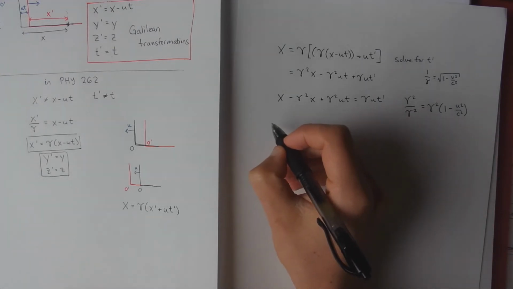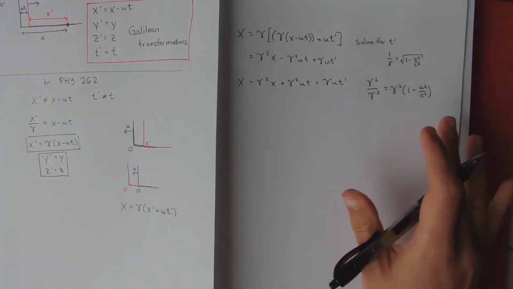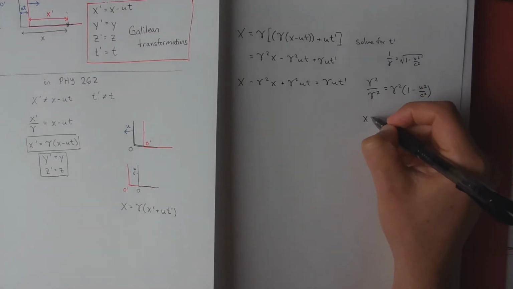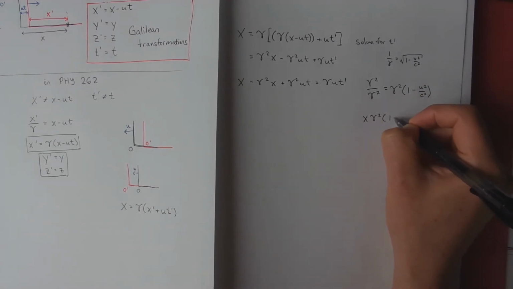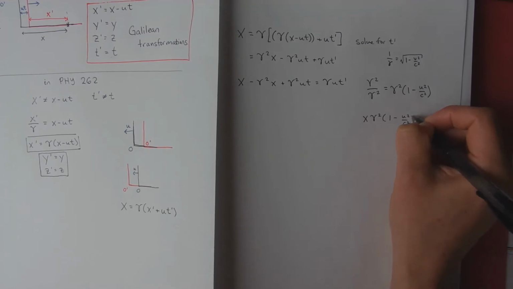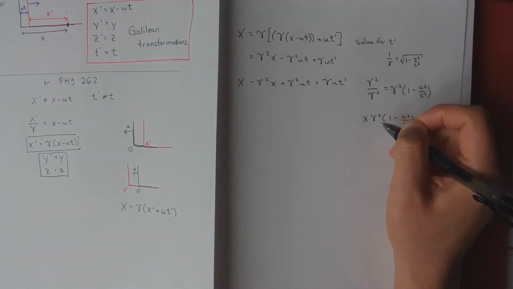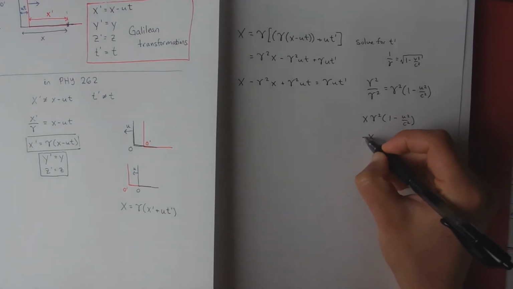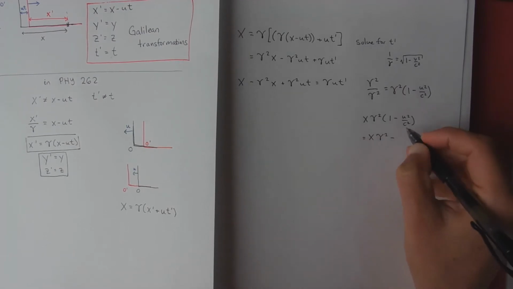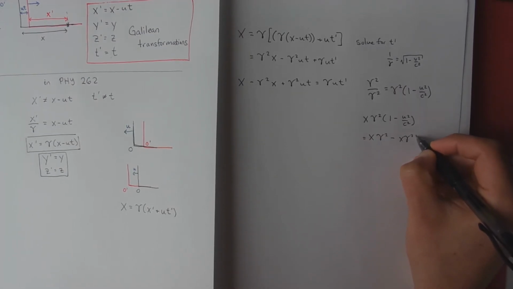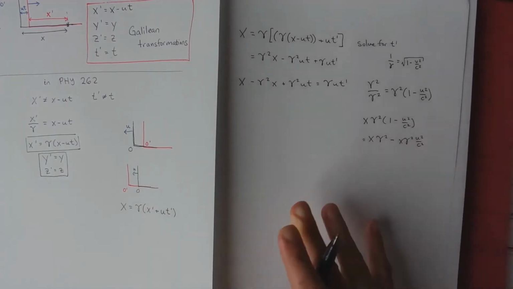So now, let's do this over here. If I do x times gamma squared times 1 minus u squared over c squared, then I want to distribute the x and gamma squared, so this is equal to x times gamma squared minus x times gamma squared times u squared over c squared.